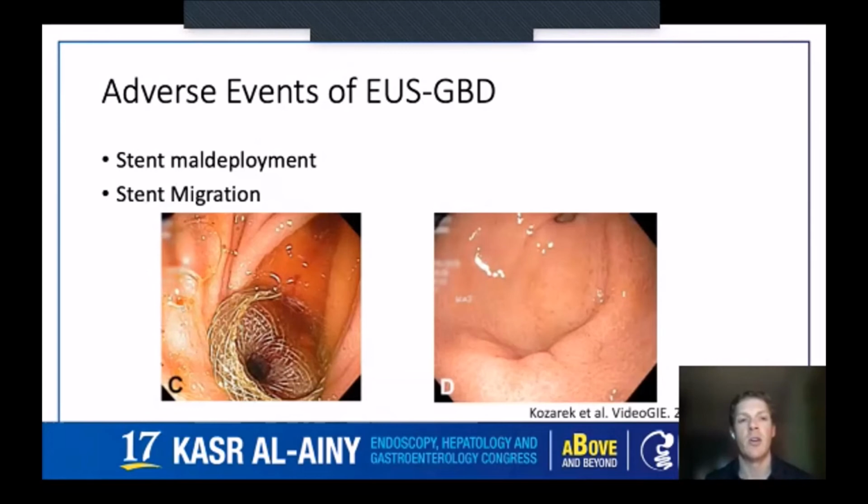Adverse events of EUS-guided gallbladder drainage include stent maldeployment, whether entirely within the gallbladder lumen, intraperitoneal, or within the lumen of the duodenum or stomach. Stent migration has also been reported, as demonstrated in these pictures, where after a period of 60 days, the proximal flange of the lumen-opposing metal stent can no longer be visualized.